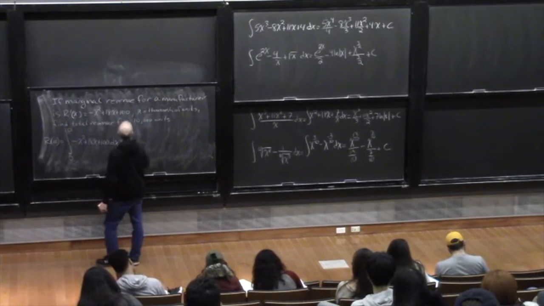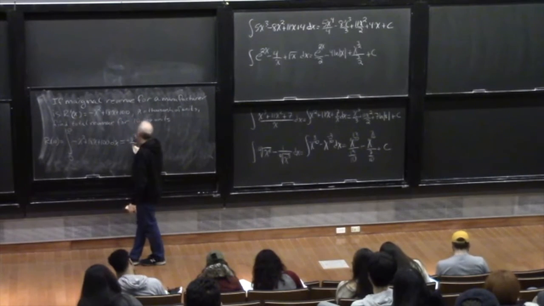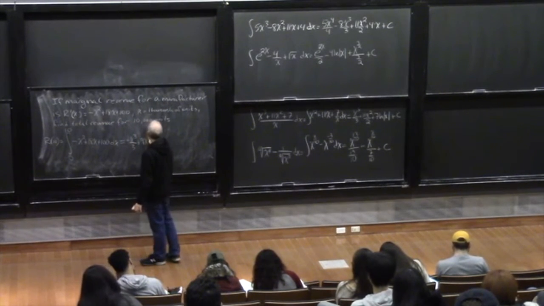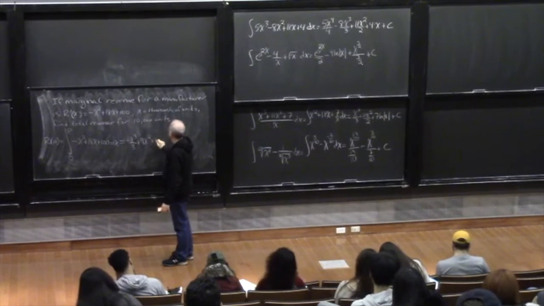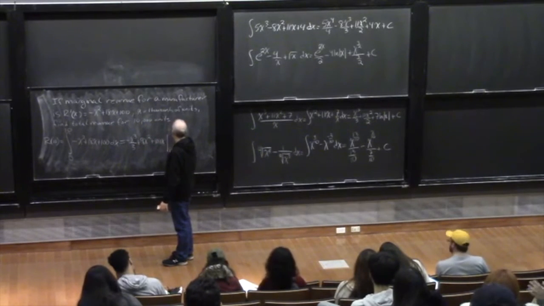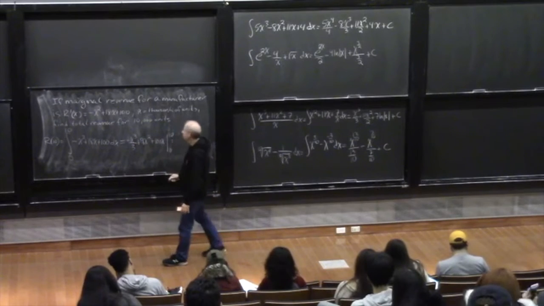So this is negative x cubed over 3 plus 9x squared, because it's 18x squared over 2, plus 100x, from 0 to 10.